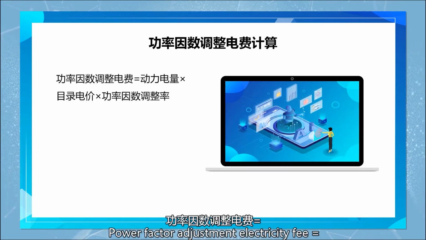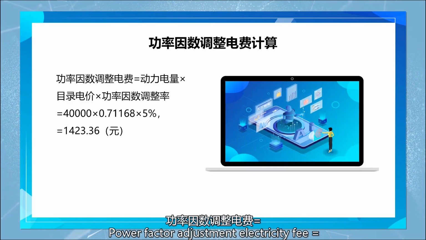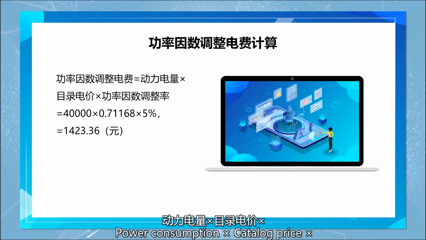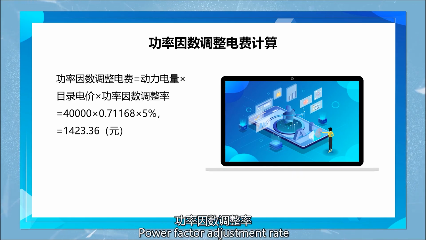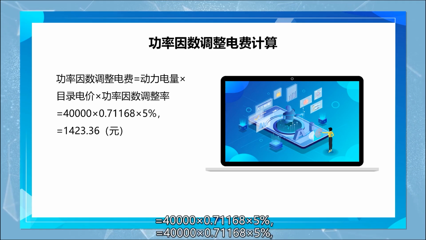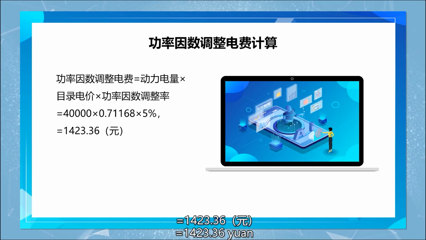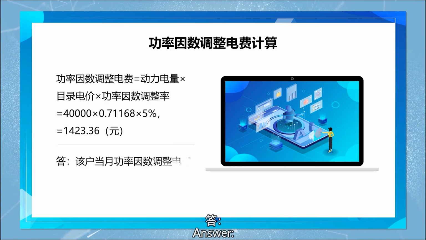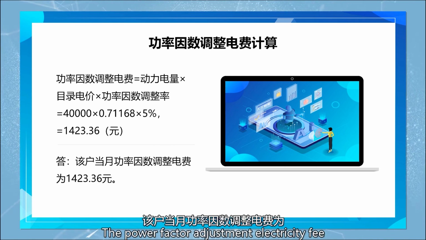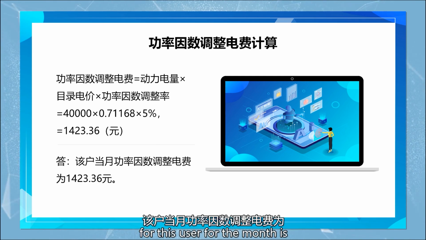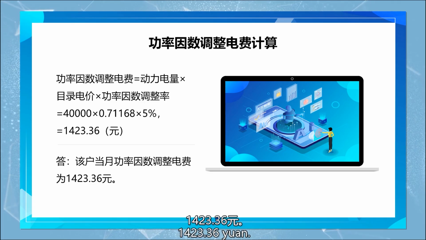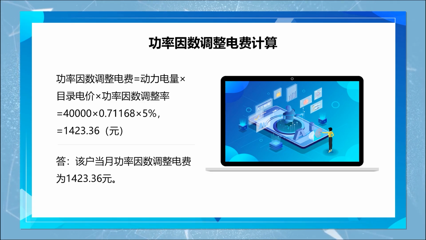Power factor adjustment electricity fee equals power consumption times catalog price times power factor adjustment rate equals 40,000 times 0.71168 times 5% equals 1,423.36 yuan. Answer: the power factor adjustment electricity fee for this user for the month is 1,423.36 yuan.